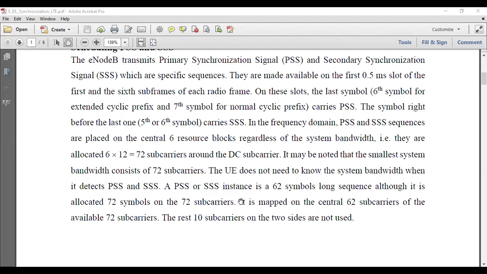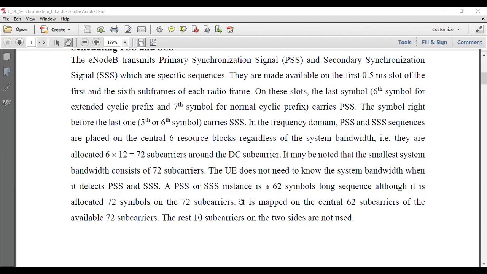Now, what is the minimum bandwidth? The minimum is 1.4 megahertz for transmissions, and there you have exactly 72 subcarriers for transmission. So the minimum transmission bandwidth for LTE is 72 subcarriers, and that is what is used for PSS and SSS.